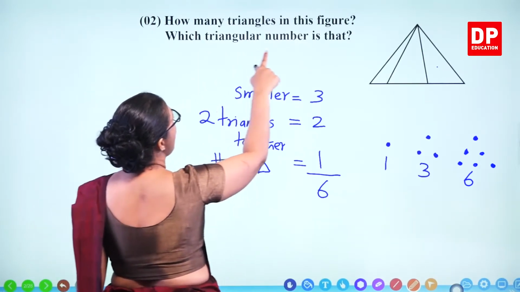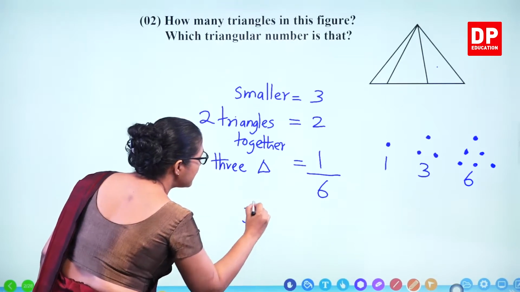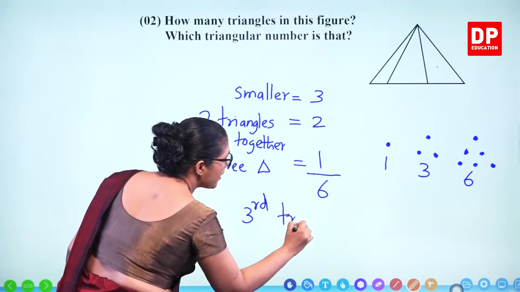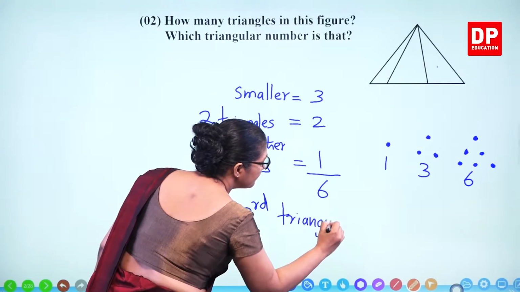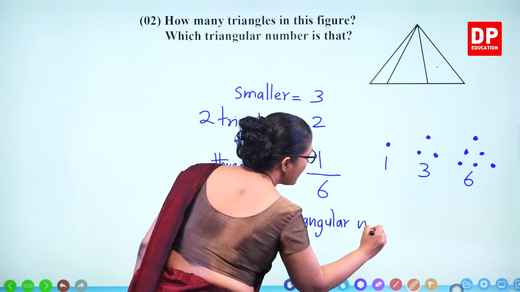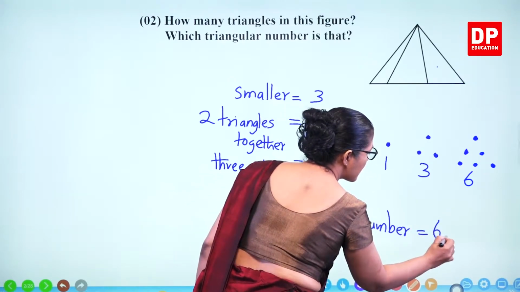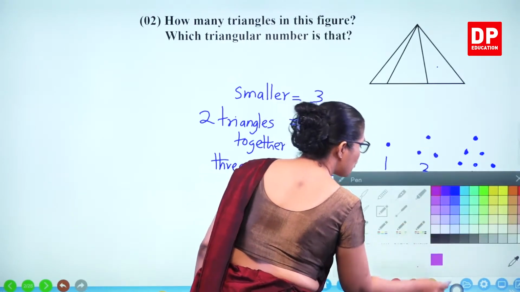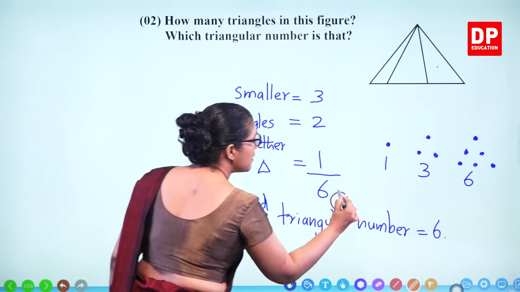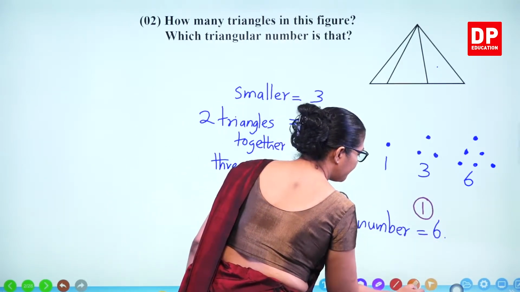So which triangular number is that? Third triangular number. So that's 6. So 2 marks for that, 1 and 1.